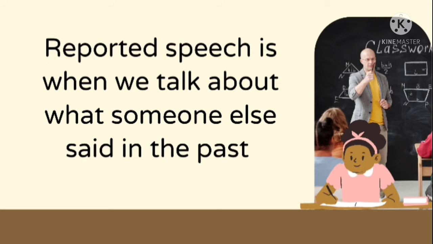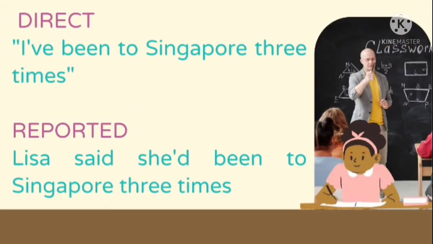For example, we can see in the next scene. If your friend said, "I've been to Singapore three times," the reported speech is, Lisa said she'd been to Singapore three times.